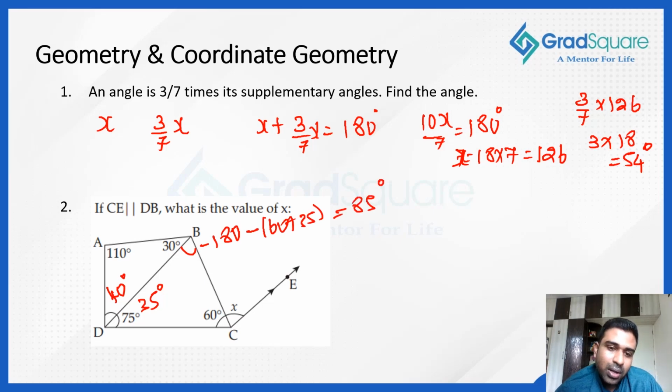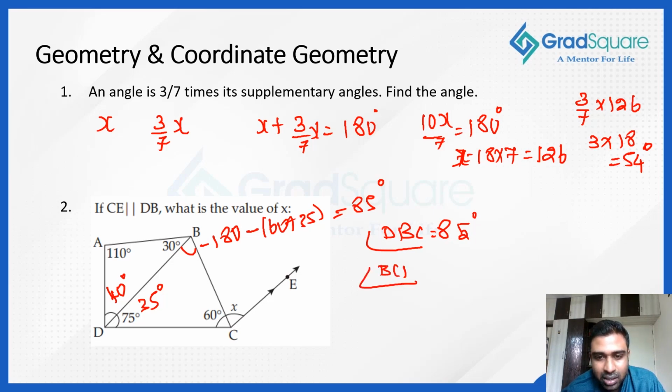So angle DBC is equal to 85 degree, and it is given in the question that CE is parallel to DB and these two constitute a parallel transversal system. Angle DBC and angle BCE are alternate interior angles, so both are equal. So if angle DBC is 85, angle BCE is also 85 degree. So the value of x is equal to 85 degree here.